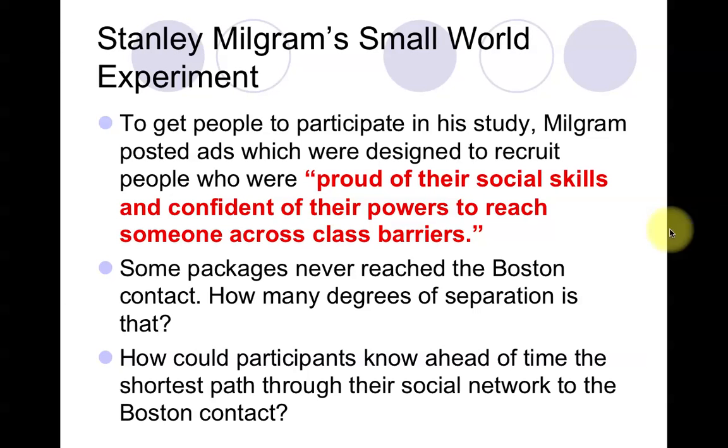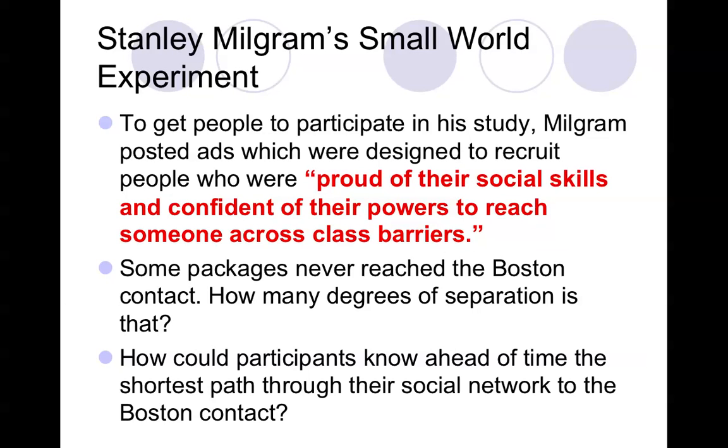The first one: were the people that were recruited for this experiment generally outgoing, with a lot of friends? Is that why they participated? It seems that Stanley Milgram's ad directly targeted that sort of person.